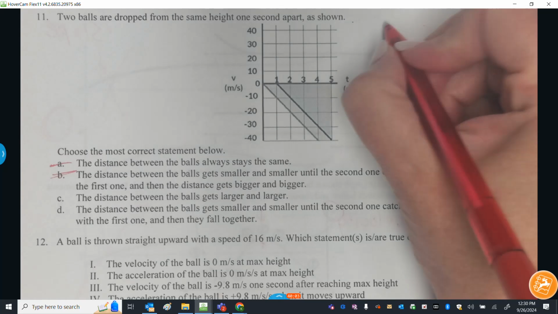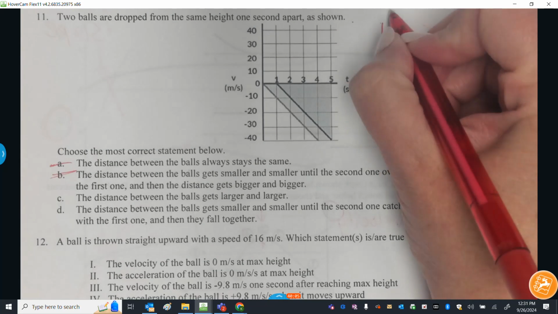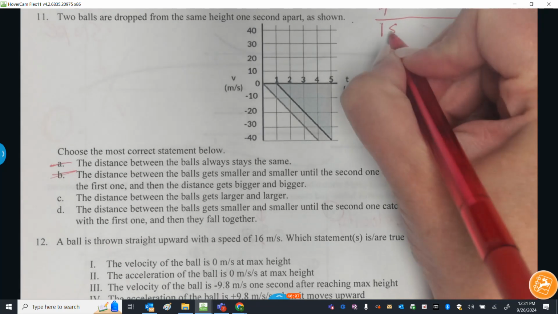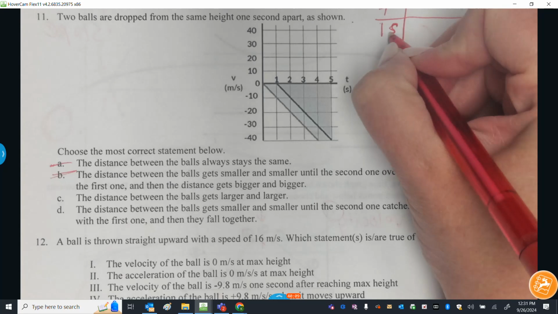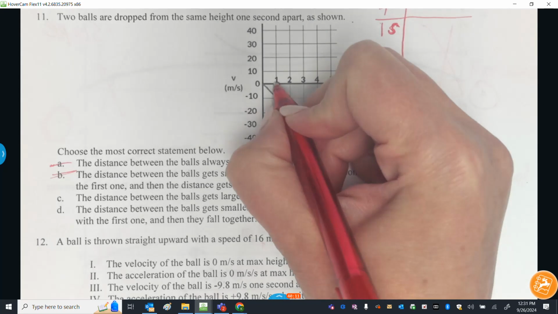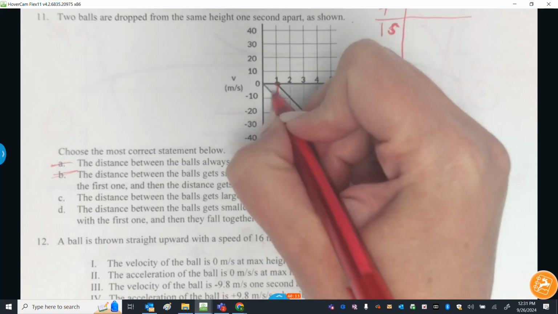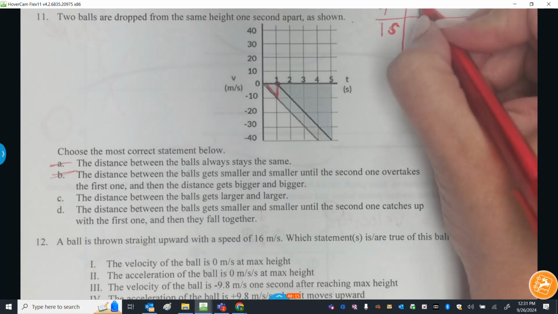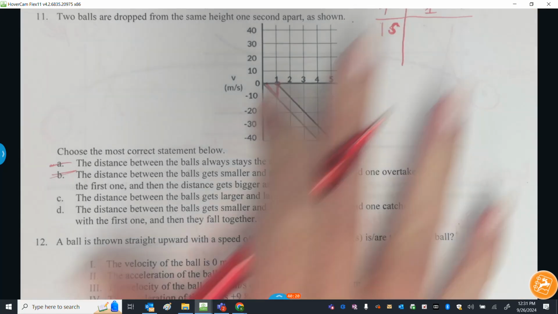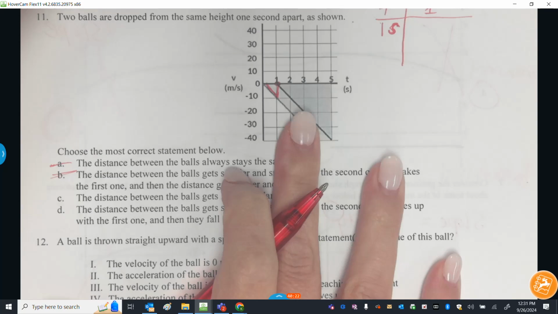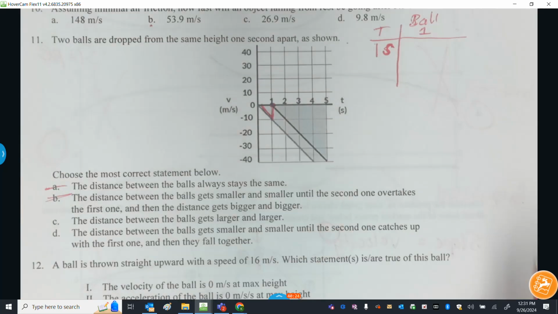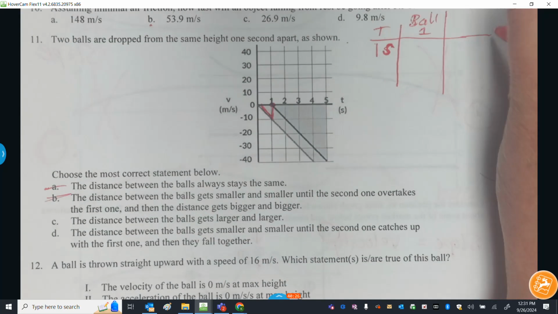Let's take a look at what's happening at a time of 1 second. At 1 second, there are two balls here. The first one, ball 1, I just realized that's too high, you can't see it. All right, ball 1, ball 2.